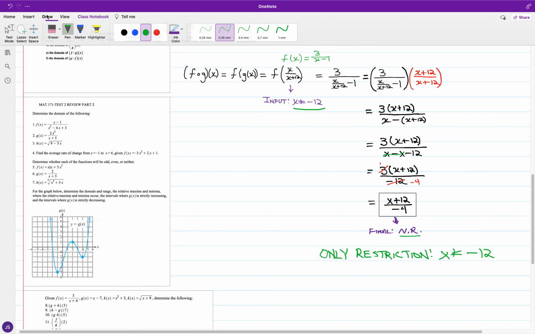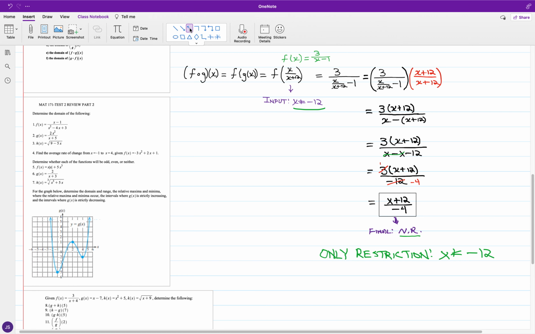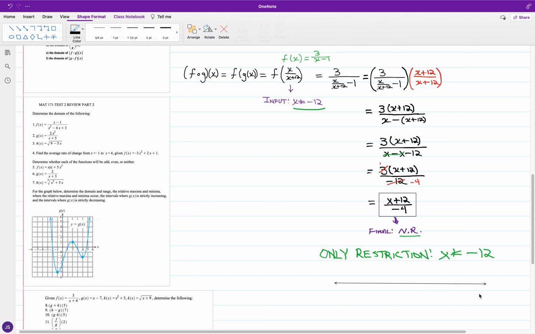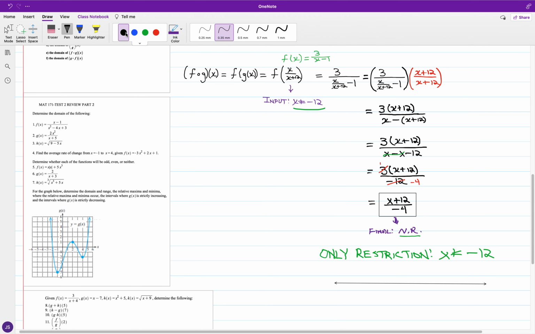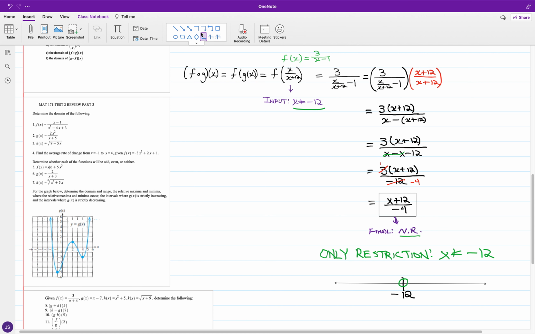And so for the domain, we're going to have negative 12 left out, and everything else is going to be in the set.